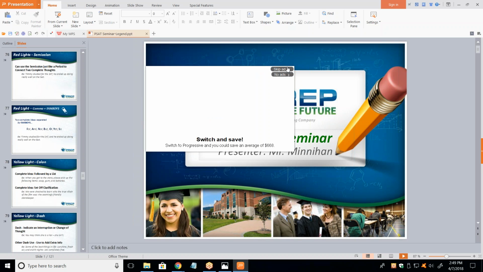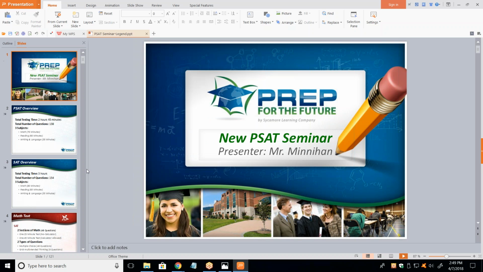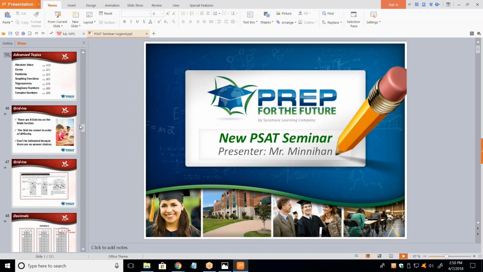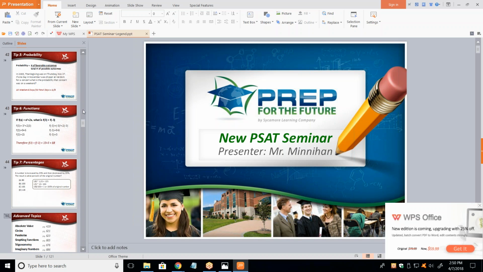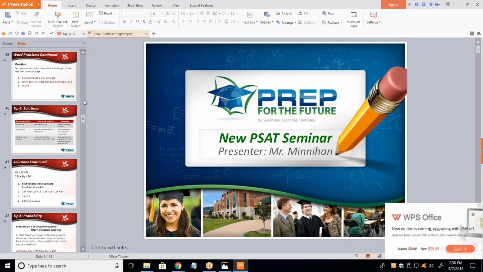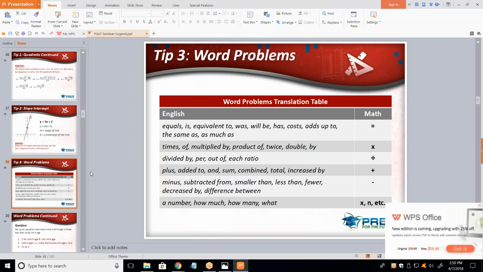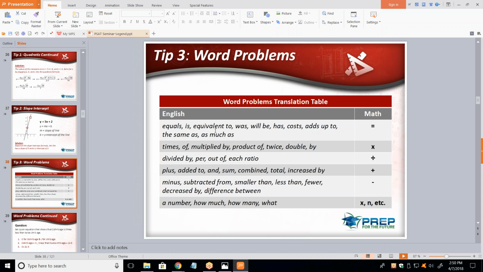Let's see, I'm looking for the math section. See this page? Notice on the left are all the words. On the right are what they translate to.